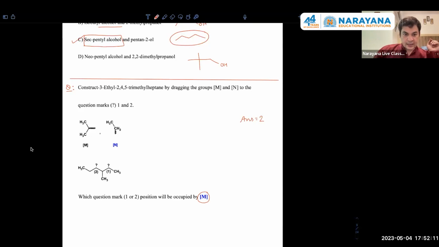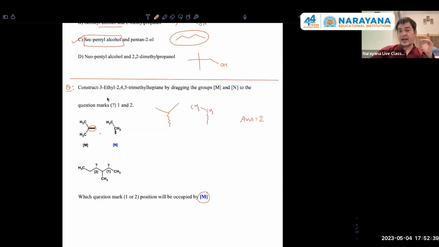And you must know the spiral meaning. The spiral meaning is just the attachment, like this alkyl part, CH3 CH2, which needs to attach at the question mark position. You must know what the question language is and what the question is representing.